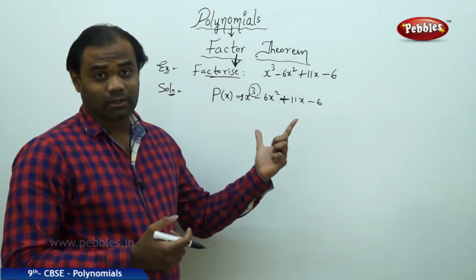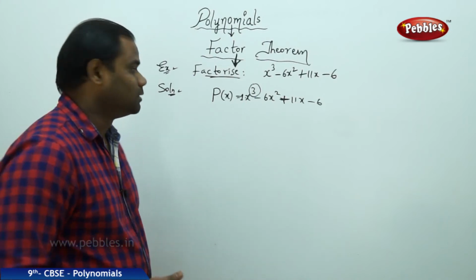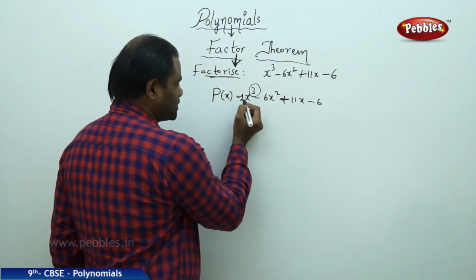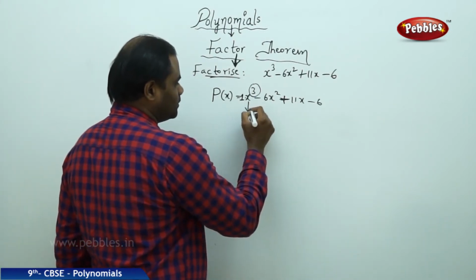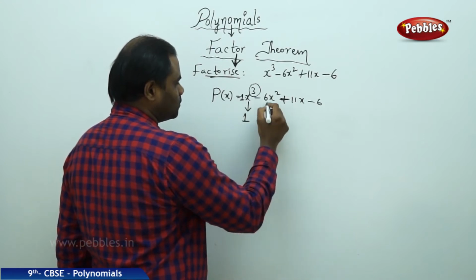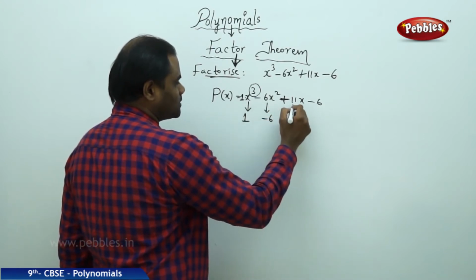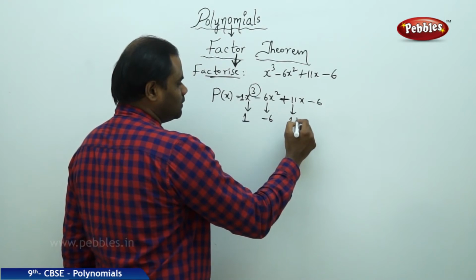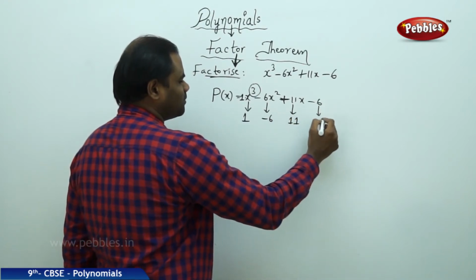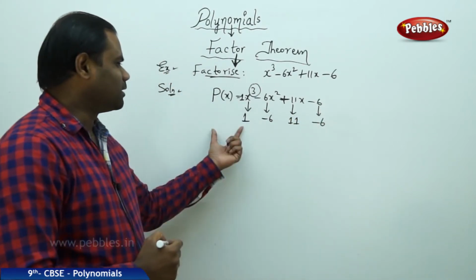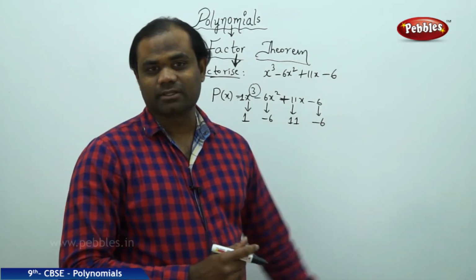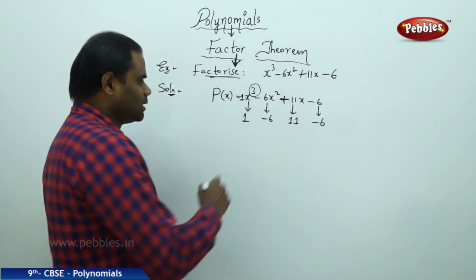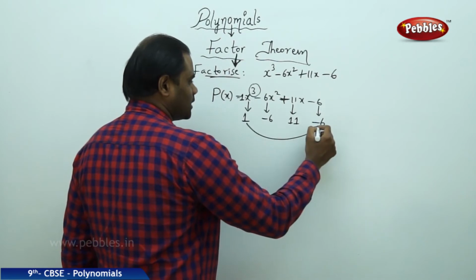That is rule number 1 in the factor theorem. Now that rule 1 is satisfied, I pick all the coefficients: 1, minus 6, 11 and minus 6. So I pick all the coefficients of this given polynomial and then I take the first and the last.